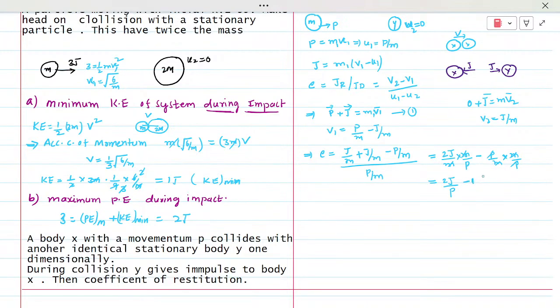This is the impulse concept. Do you understand this? On the same type of model, I will explain one more momentum question, with the J concept only.